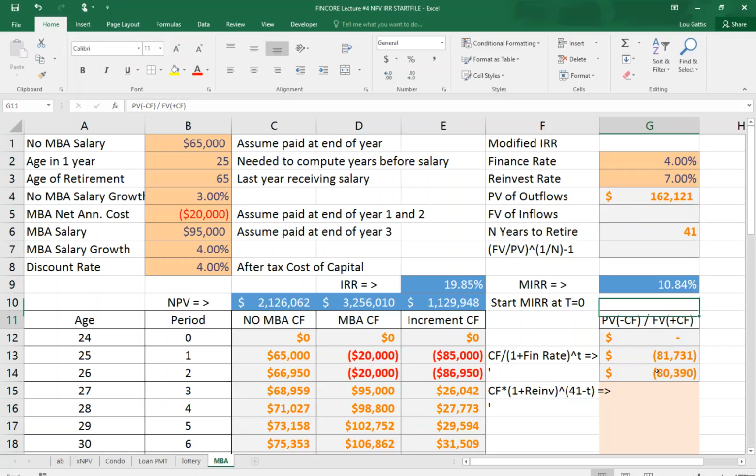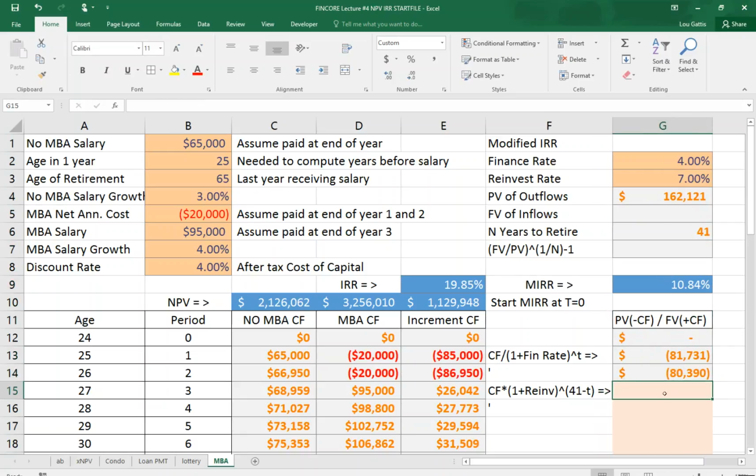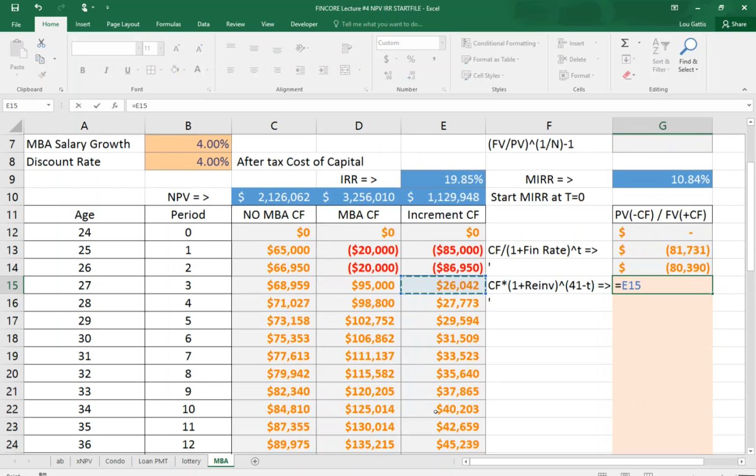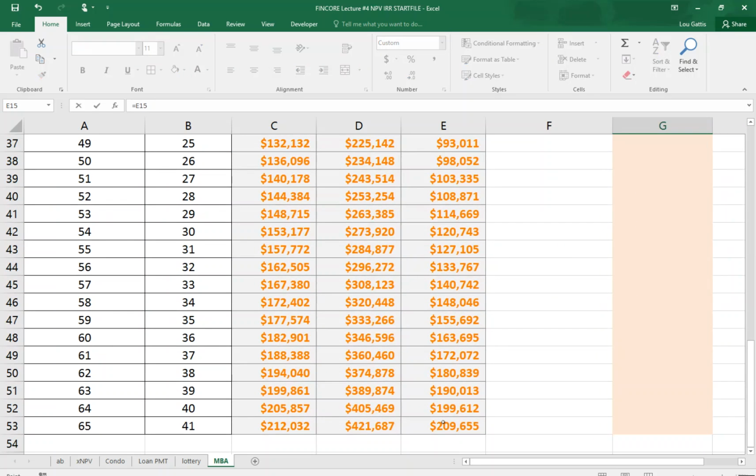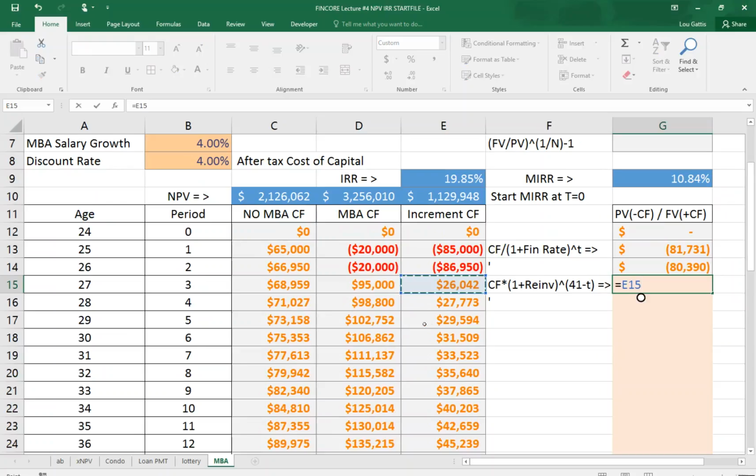Now I'll get the future value of all my cash inflows. Now this is a little tougher one to understand. This $26,000 on this investment, how much is that going to be worth if I invest it at 7% at the end of the 41 years? Now this is received in year 3, so it's really 38 years from now.